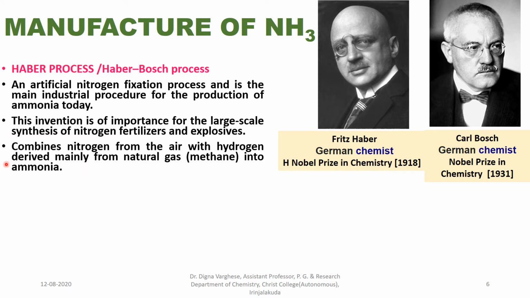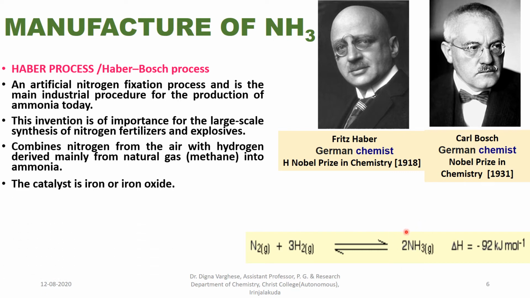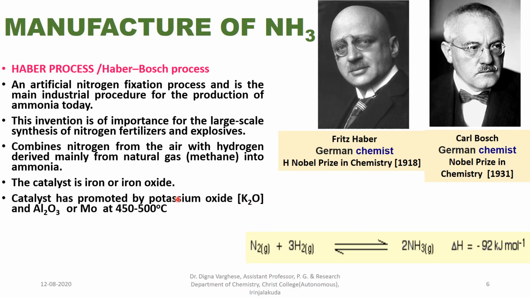In this process, nitrogen from the air and hydrogen derived from the natural gas are combined into ammonia. That is, nitrogen and hydrogen combine to give ammonia. In this process, the catalyst used is iron or iron oxide.